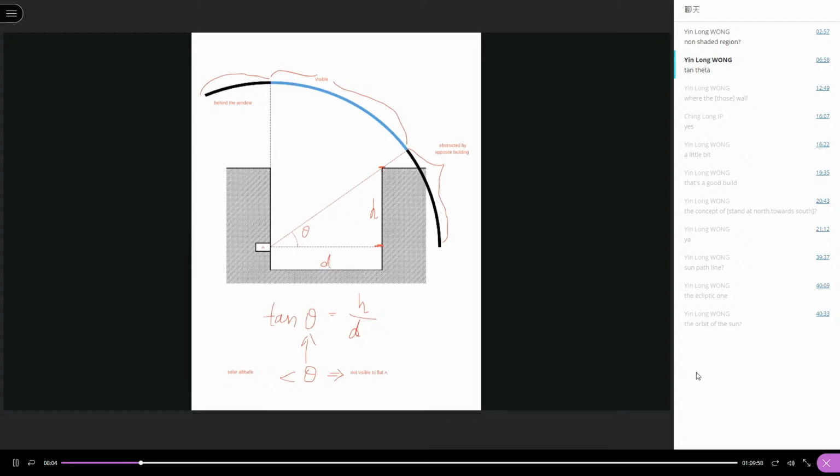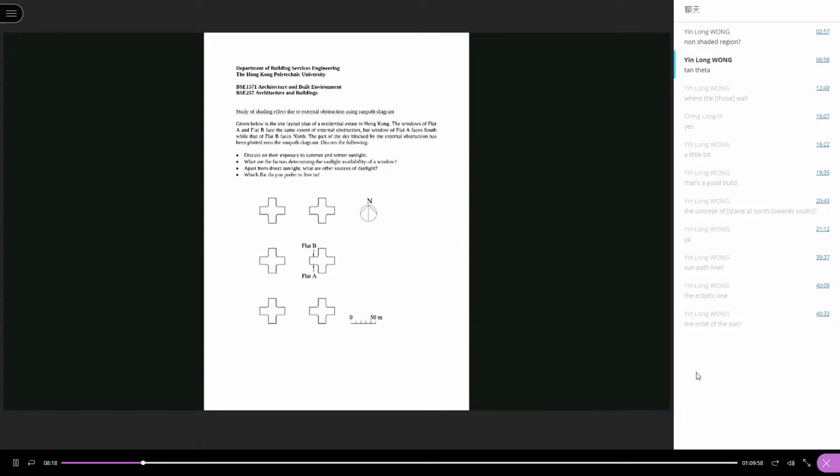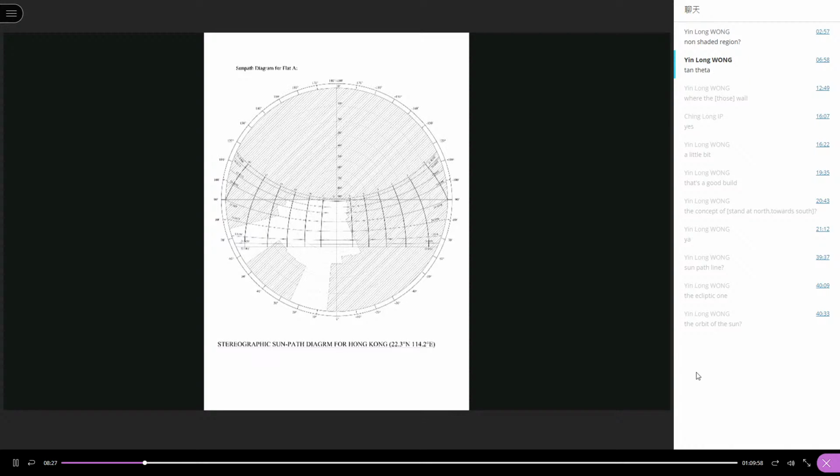So back to this sun path diagram, we may consider the angle theta sector by sector. For flat A, we may cut a section along this line. Then this line will be this line, right?